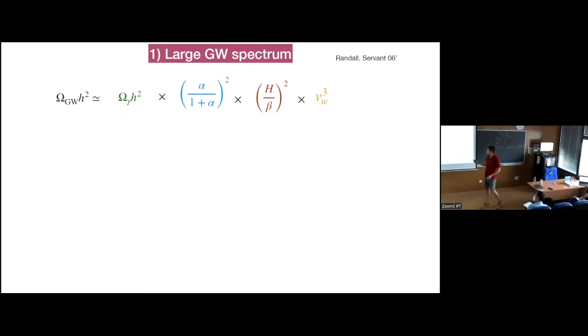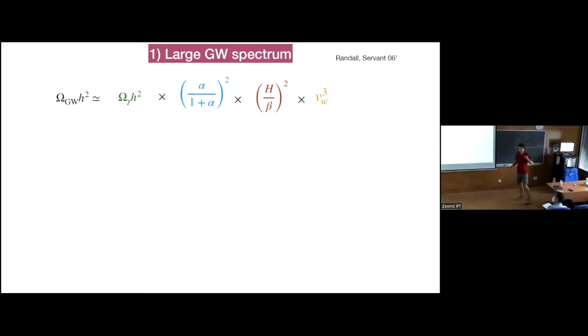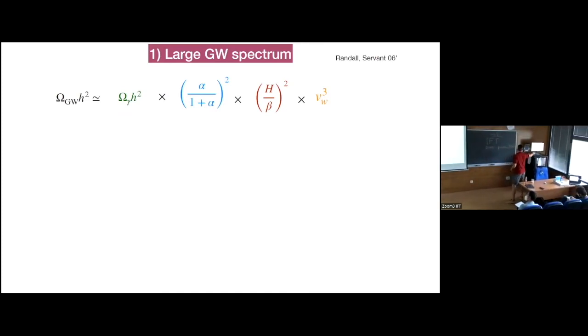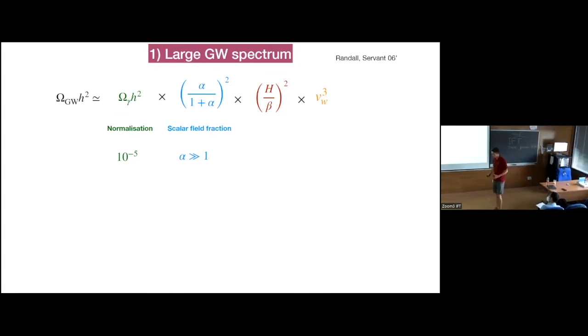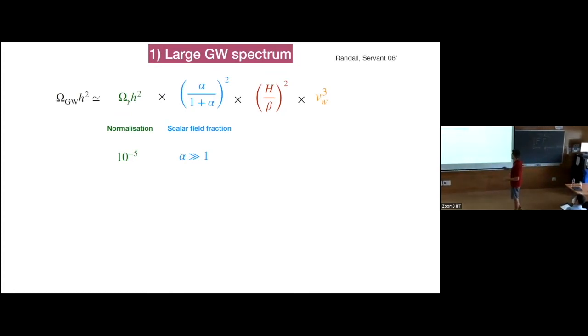So there is a large gravity wave spectrum. Why? This is the formula for gravity waves from a first order phase transition. First, you have a normalization factor with respect to the current radiation density, 10 to the minus 5. Then we have this alpha factor, which stands for how much scalar field energy is contained in your universe at the time of the phase transition. So for a supercooled phase transition, it dominates the whole budget. So this factor is 1.